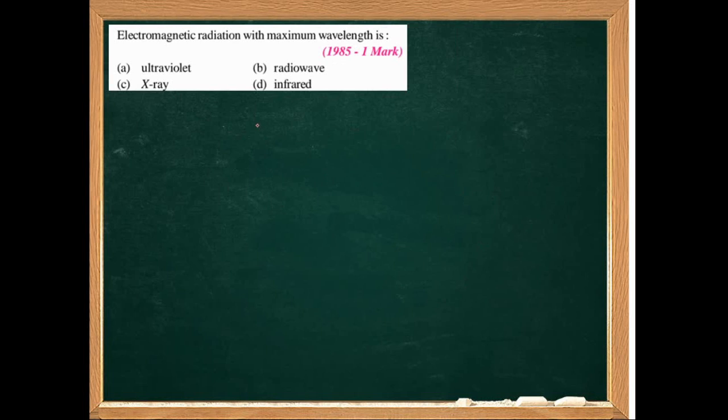In the next question, electromagnetic radiation with maximum wavelength is. Now in this, it is expected, if you see from this question, that we should know the electromagnetic spectrum, and we should know at which terminal the wavelength is higher and at which terminal the frequency is higher.